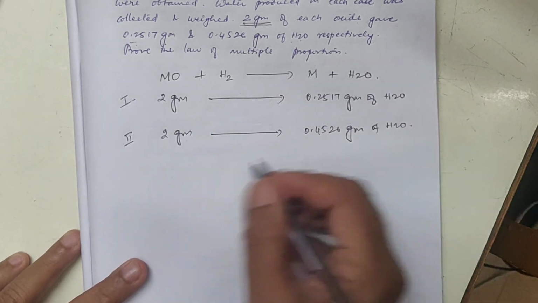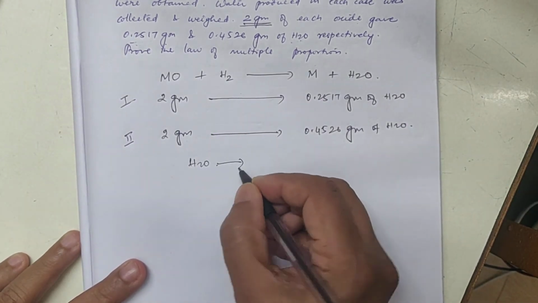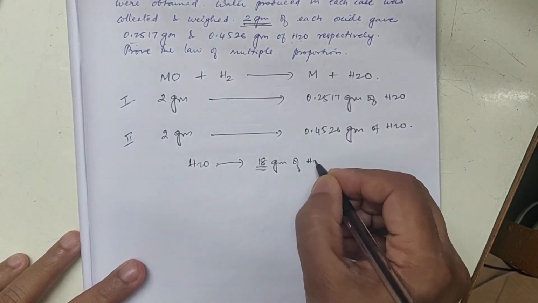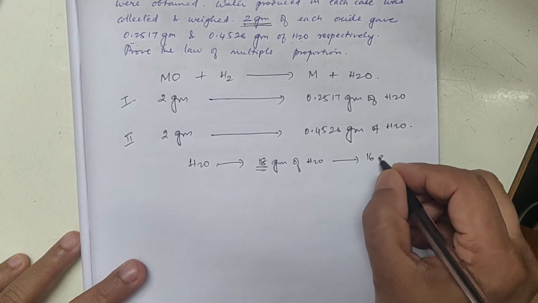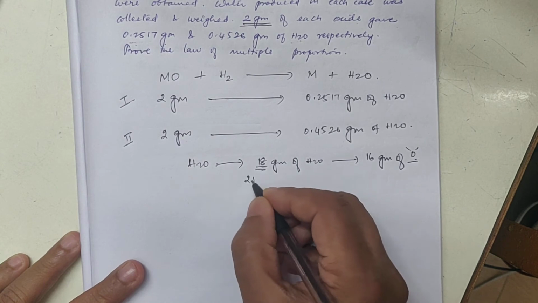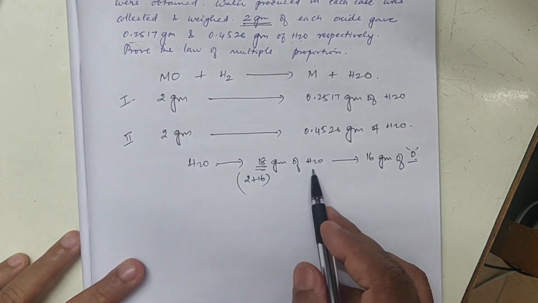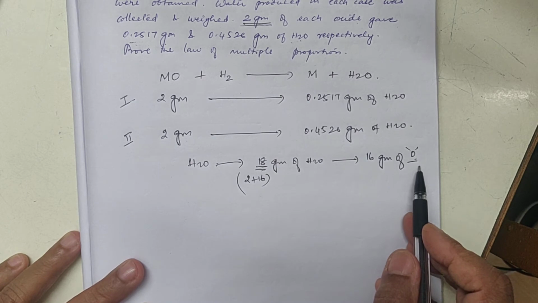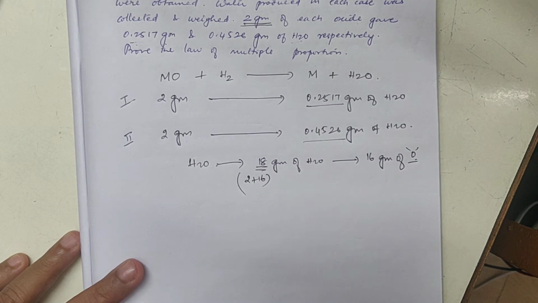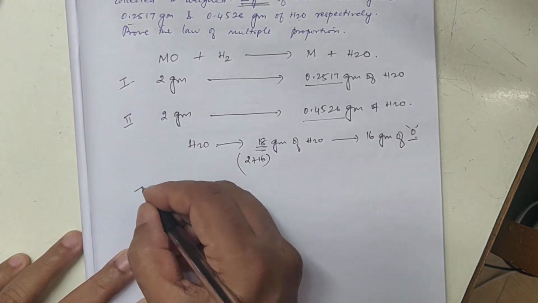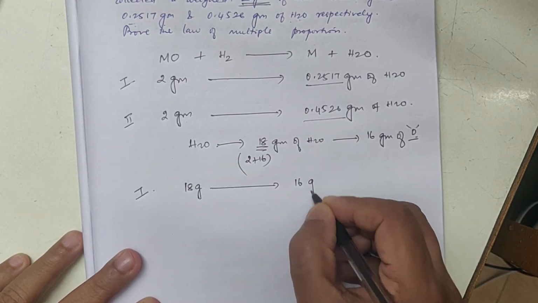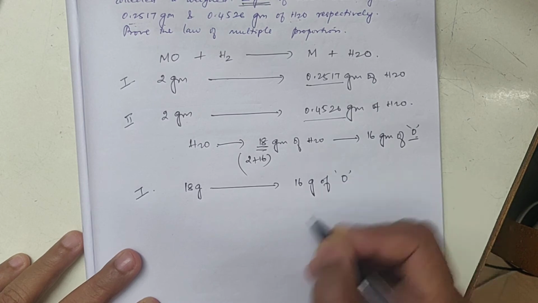Now, you know very well, water, its molecular mass is 18. 18 gram of water has 16 gram of oxygen in it. 18, how? 2 plus 16, right? So 18 gram of water contains 16 gram of oxygen. And he has given you this much of water obtained in each case. So let us see the first case now. 18 gram of water gives 16 gram of oxygen.